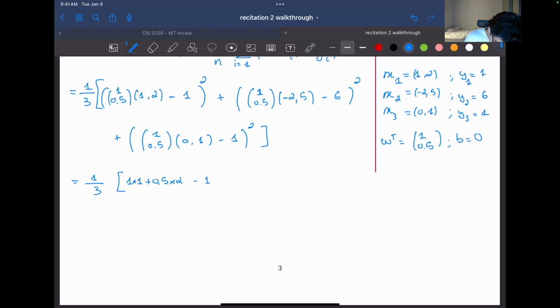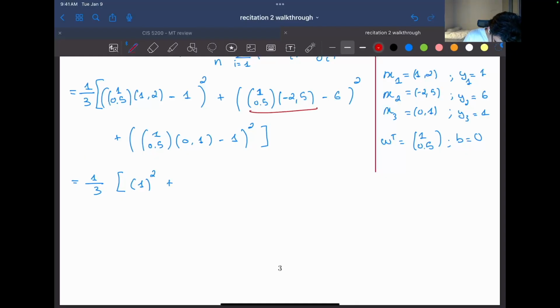Minus 1, squared. I forgot one parenthesis here. Don't be confused, it's supposed to be like this. My bad. But this whole thing is 1 plus 1 minus 1. That's 1, right? So we can write this whole thing as 1 squared.